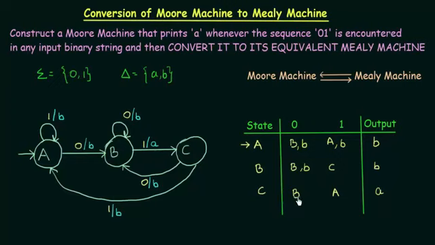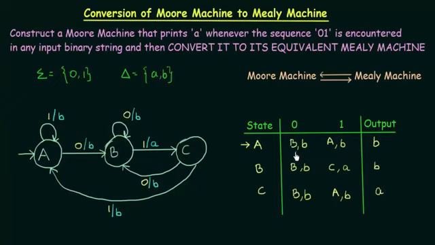Come to state C and look, it is A, so here I'll write A. And come to the last state, state C. On input 0 it goes to B, and the output associated to B is small b, so I give a small b here. And C on input 1 goes to A, and the output associated to A is small b.